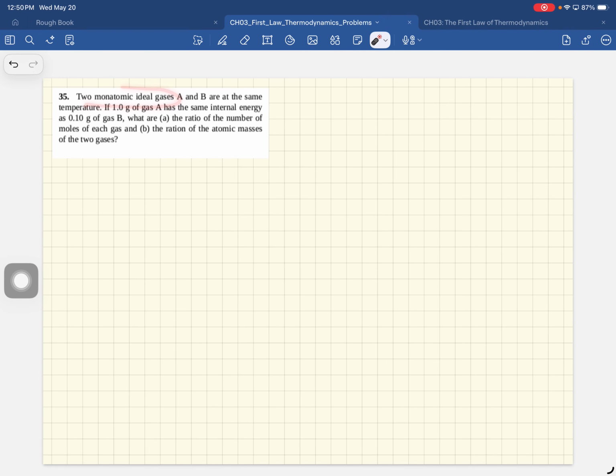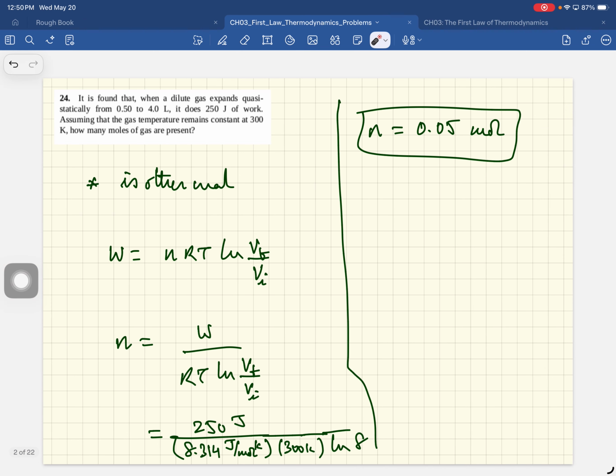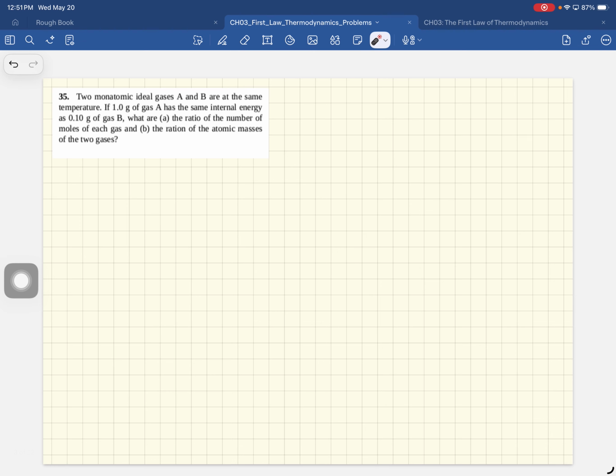Work done in process 1 is, initial volume was 5 liters, final volume was 10 liters. Okay, I have to go to a new page.